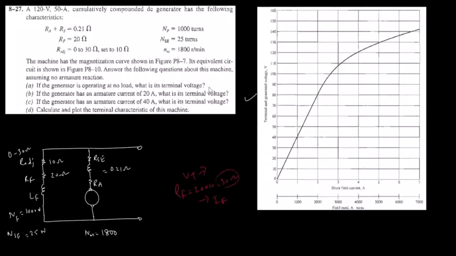So for 30 ohms, for IF equal to 3 amps, VT will be 90 volts. For IF equal to 5 amps, VT will be 150 volts, like that. Any 2 points I can place and join the lines, or 1 point is also sufficient.